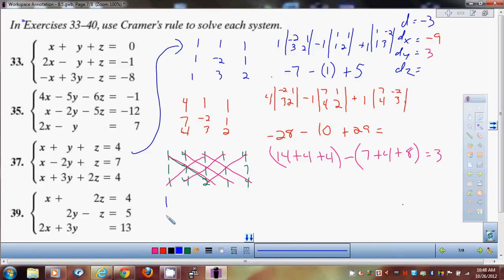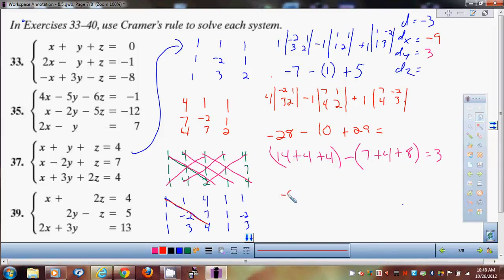So that's 1, 1, 1, 1, negative 2, 3, 4, 7, 4. Rewrite the first 2. And diagonals. Change colors, Crawford.